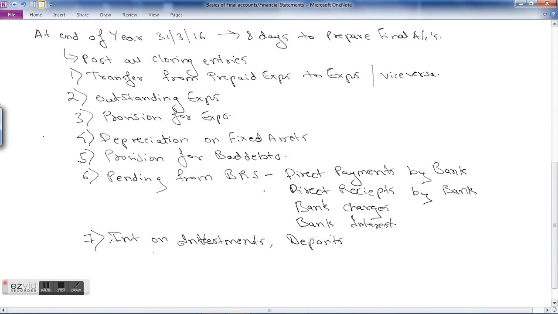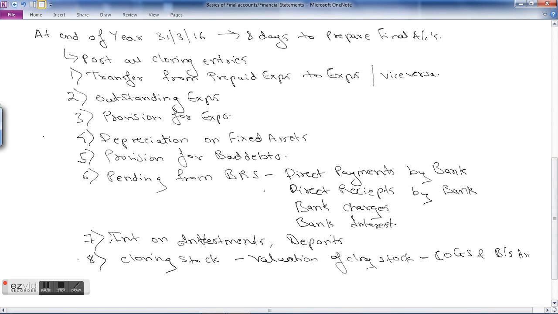Then your closing stock: you need to calculate the valuation of closing stock, and accordingly consider the closing stock for the purpose of your cost of goods sold. On the balance sheet side, it will be your asset.